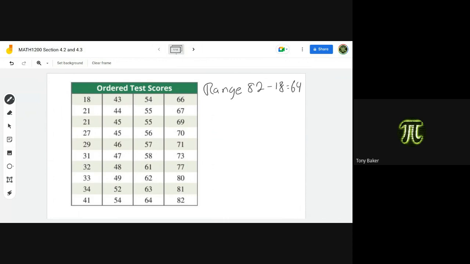So to find a percentile, I'm just going to copy their formula because their formula is okay.